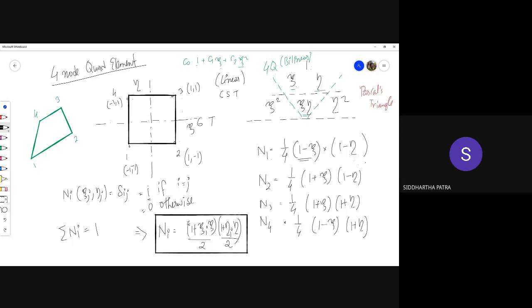Now, does this ring a bell? This sort of representation, 1 plus xi_i times xi divided by 2. You don't recall these shape functions? This is the linear bar element.